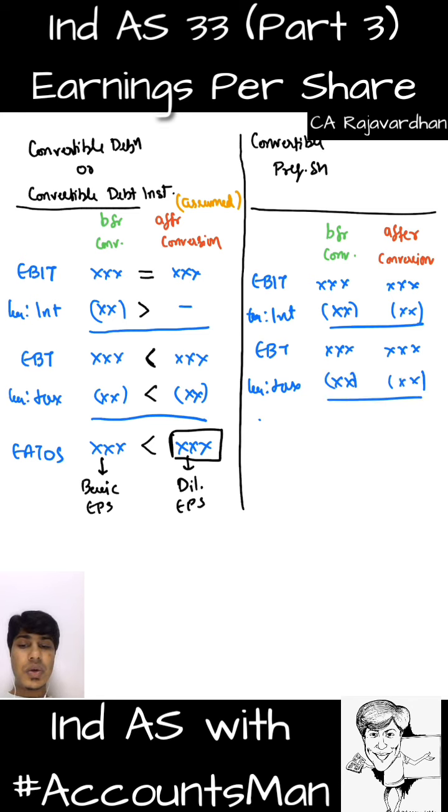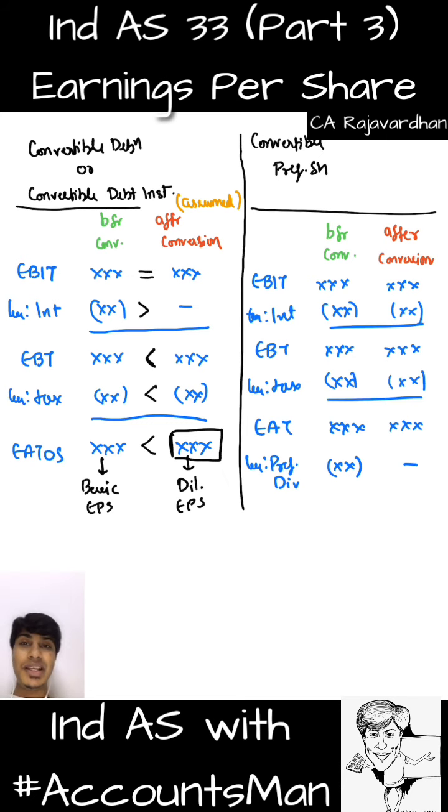Then I'll go to earnings after tax, this will also be the same. Now comes the part less preference dividend. Before conversion there will be preference shares, so you have to pay preference dividend. After conversion there would be no preference shares and you need not pay preference dividend. Why? Those preference shares are now your ordinary shares and they will take part in EPS.